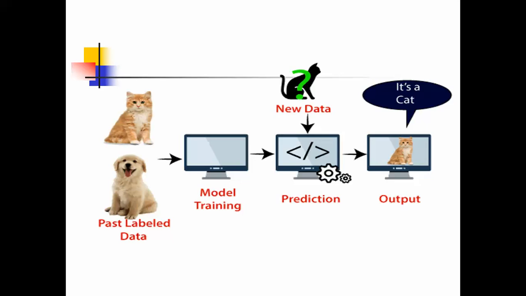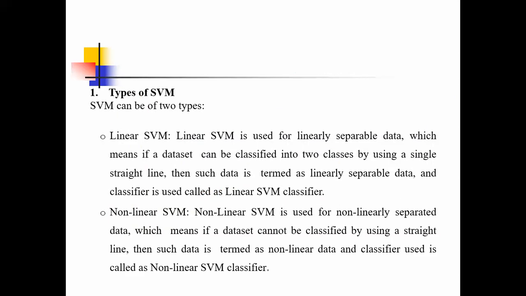If a straight line classifies correctly, an equal number of points are classified at the dog side and at the cat side. The decision boundary line is linear and the data is linearly separable between the two classes. For this type of classification we use linear SVM. That means a straight line is enough to separate the two classes.